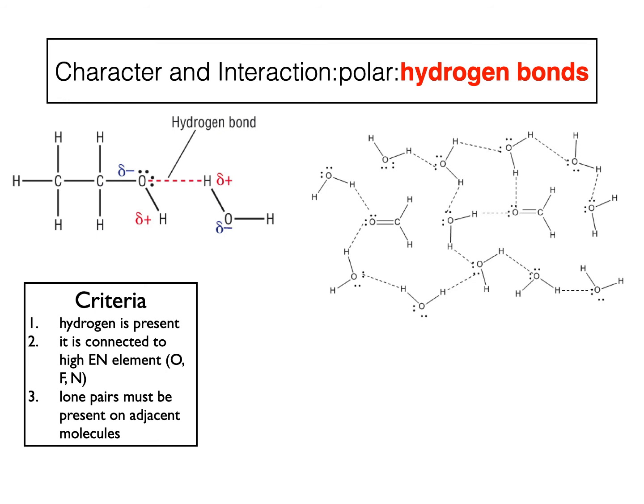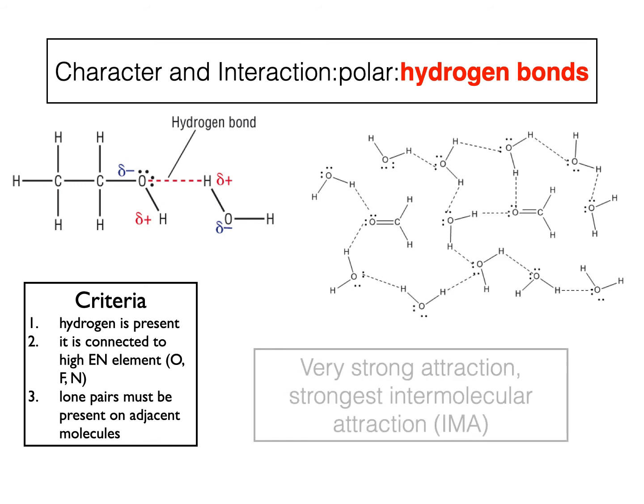And again, I'm distinguishing it from an ordinary intramolecular bond, the covalent bond, by drawing it in a dashed fashion. And you see several of those dashed lines in the right-hand diagram also, as these bridgings between different molecules are taking place. Hydrogen bonds, very strong.